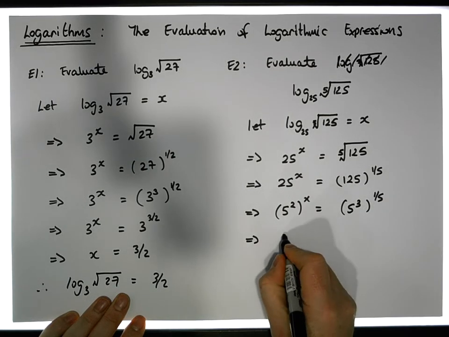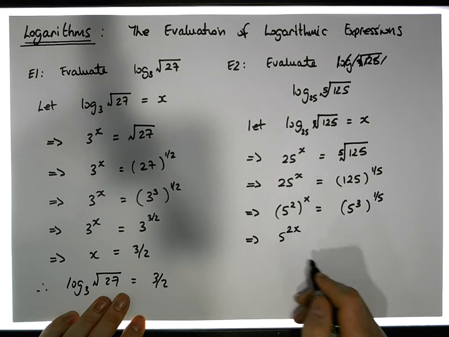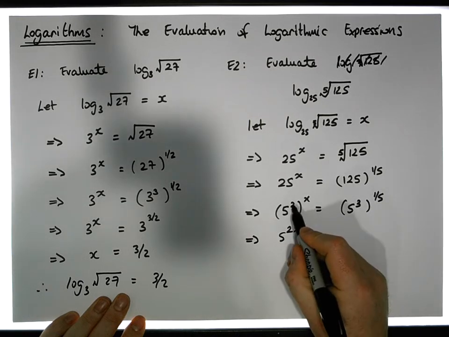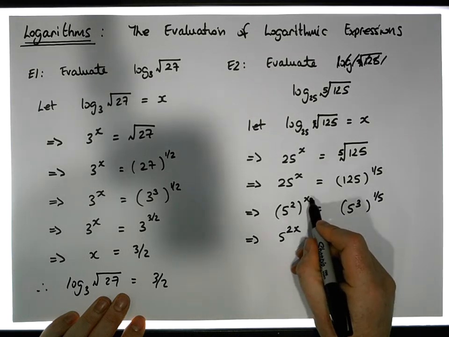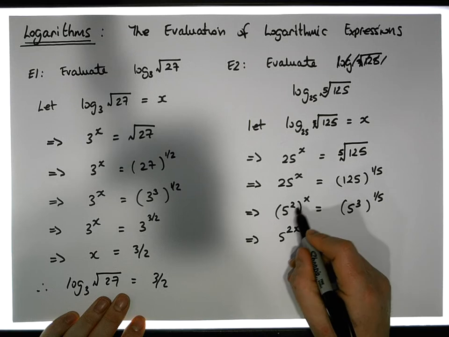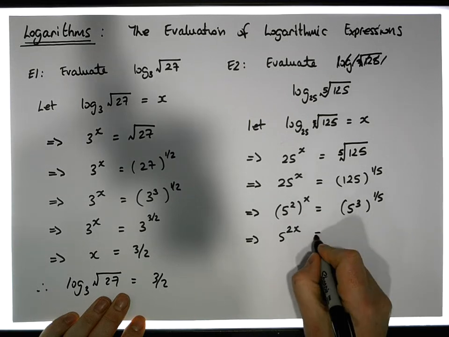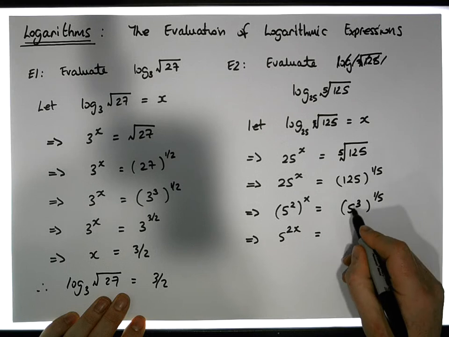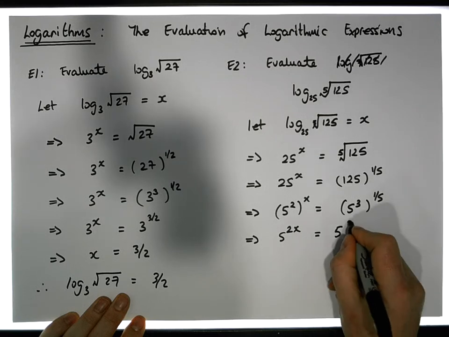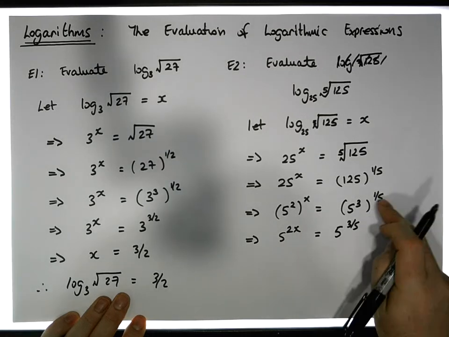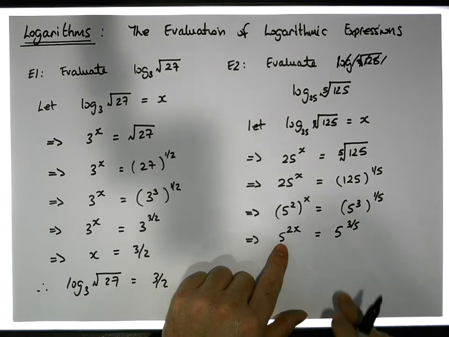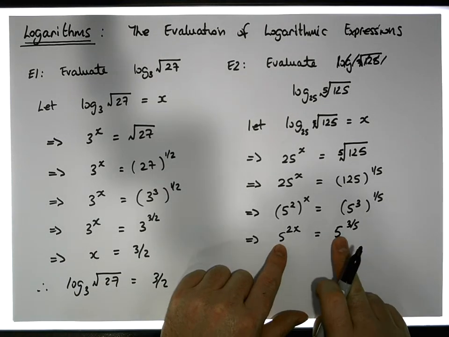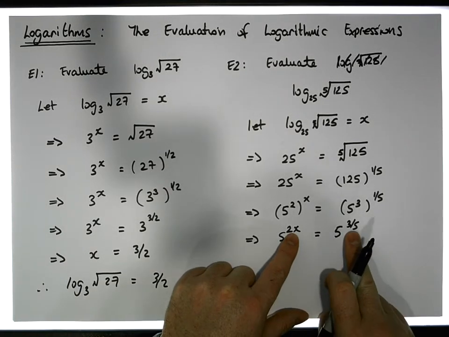This implies that 5 to the power of 2x, since a power raised to a power is the same as the product of the powers, must be equal to, once again using the product of the powers, 5 to the 3/5. Three times a fifth is 3/5. The bases are the same, so the exponents must be equal.